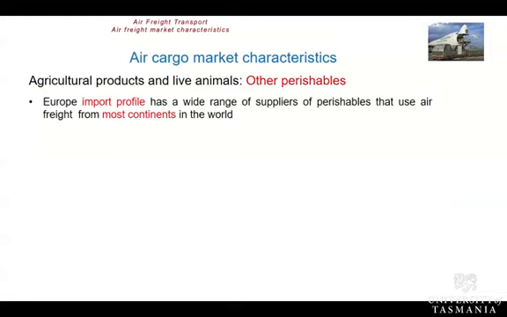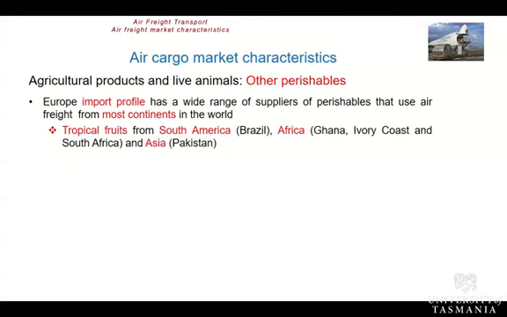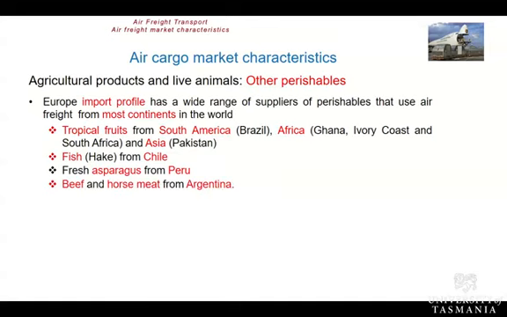A quick snapshot of the other perishables that fit into this agricultural products and live animals category are tropical fruits, fish, asparagus, beef and horse meat, coming from a range of different markets going into Europe.